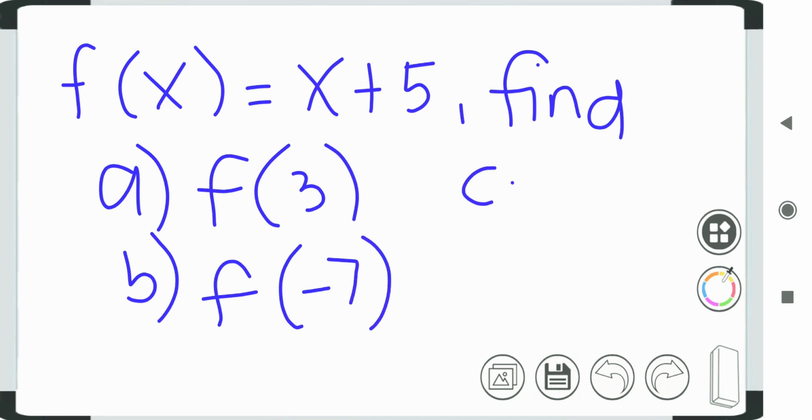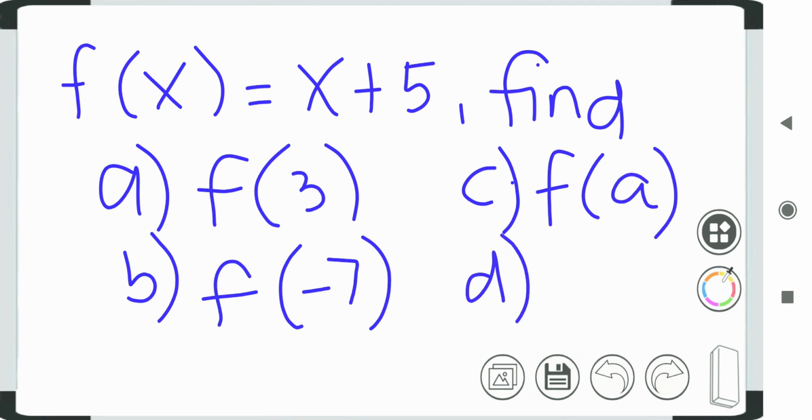Next, we will find f of a. And last, we will find f of a plus 1. Okay, again, f of x equals x plus 5. We're going to find f of 3, f of negative 7, f of a, and f of a plus 1.